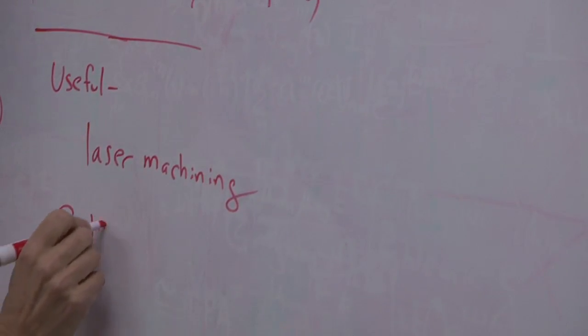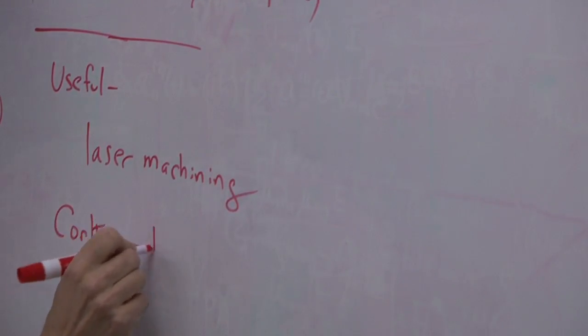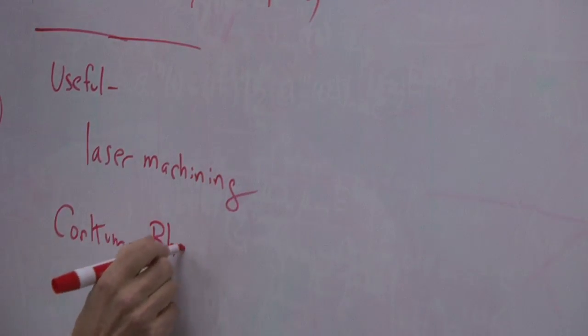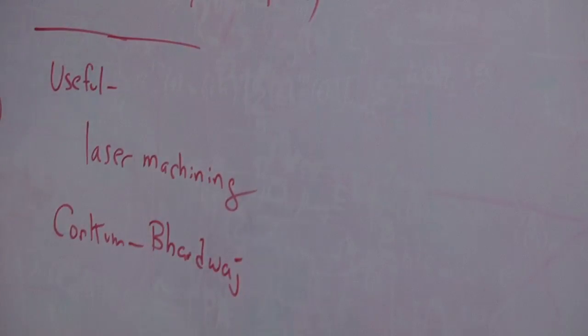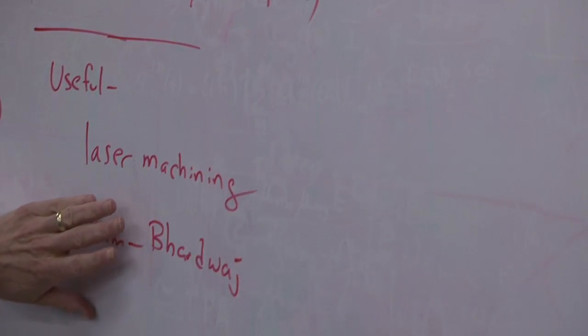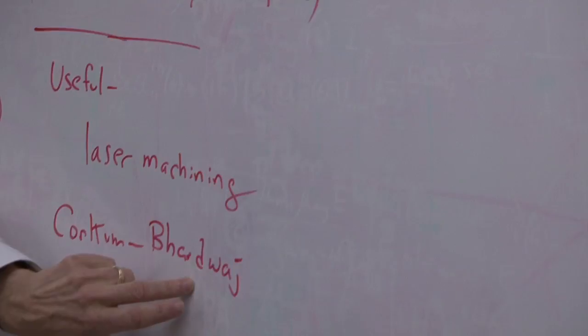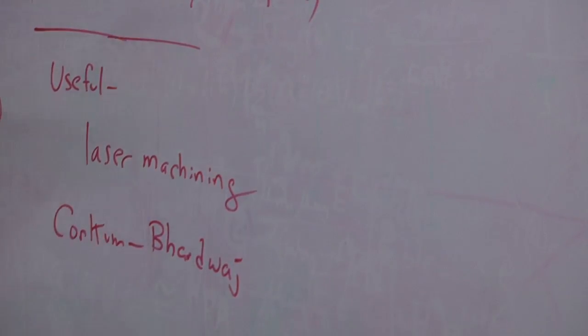Paul Corkum and Ravi Bhardwaj are the local people here working on laser machining. Paul and Ravi started this together years ago. Ravi is now working strongly on laser machining. Paul has sort of backed away to turn his attention to other things.